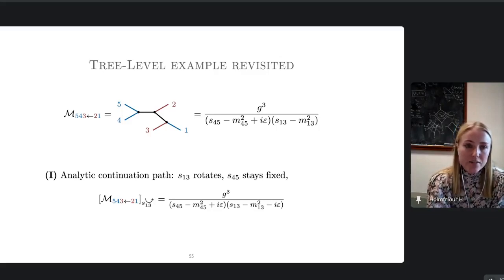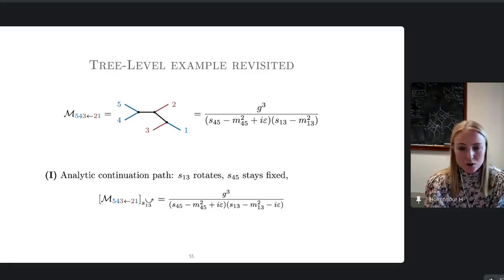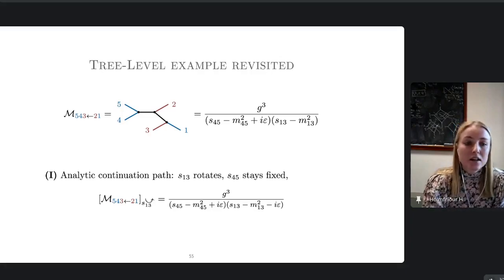But S45 has a plus i epsilon because it's positive. We can now use our analytic continuation path in the Z's that we presented before. And S13 will rotate in the lower half plane according to that path, and S45 stays fixed. So that's basically one way of computing what happens after crossing.